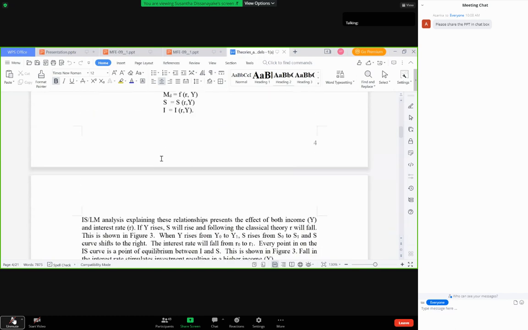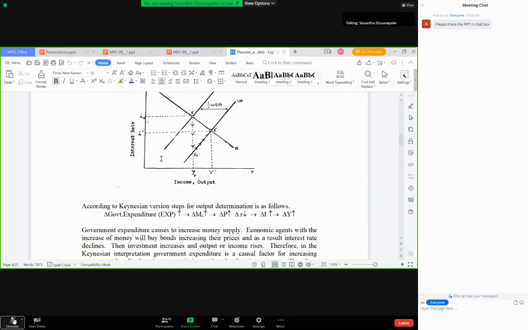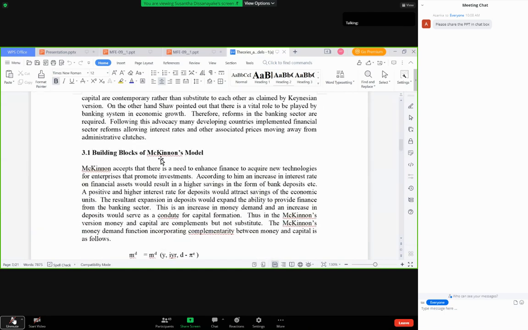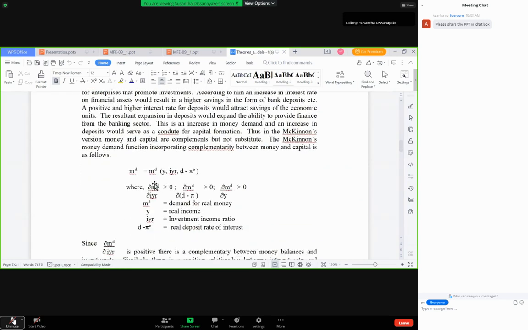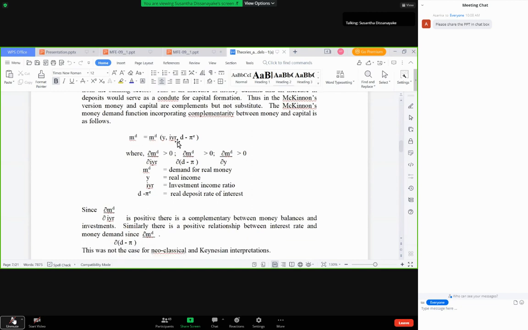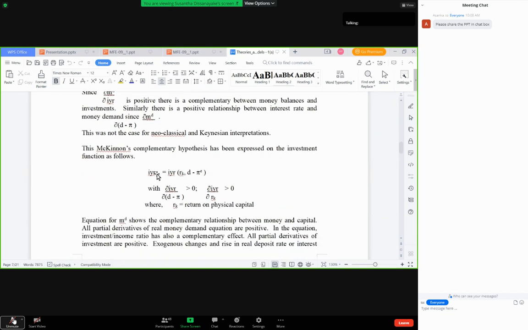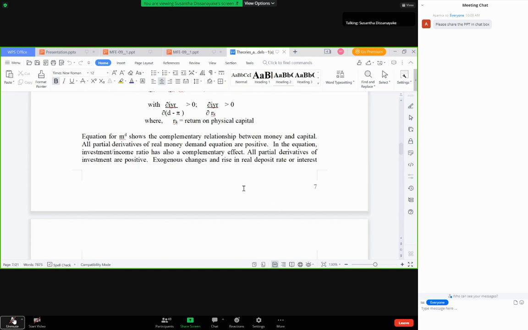Then this Keynesian part, and the others. Here, see the McKinnon and Shaw model, and how they have constructed it. They actually need to do this sort of research, and they need to come up with some mathematical way of showing how they have said it.